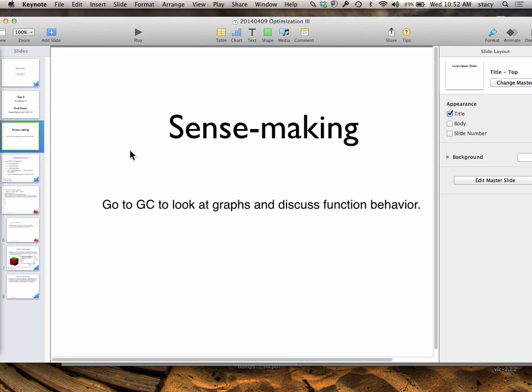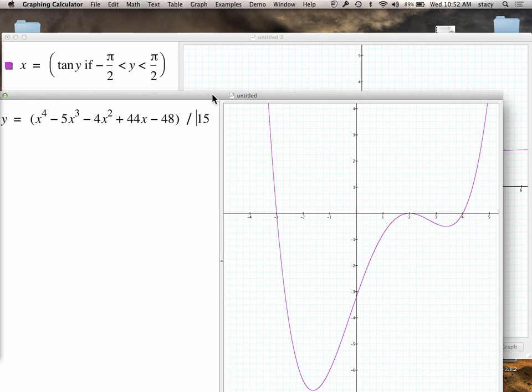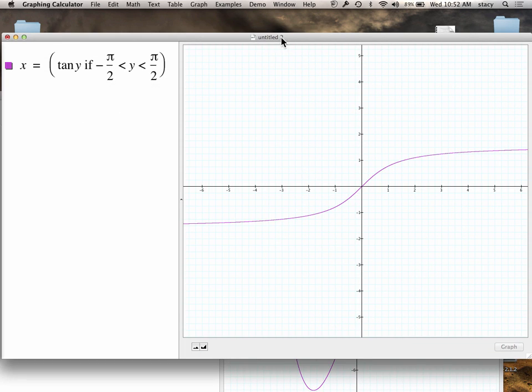All right, so we're gonna do just a touch more sense making because I made pretty graphs. In particular, I guess I really just want to talk about this one. So this is the graph of what? What did I do?